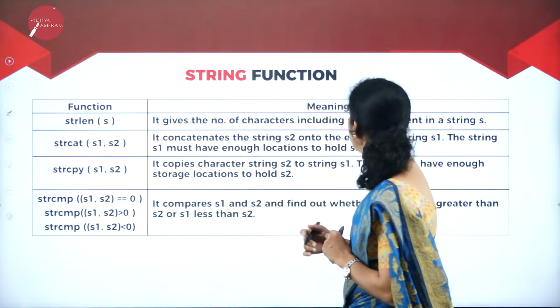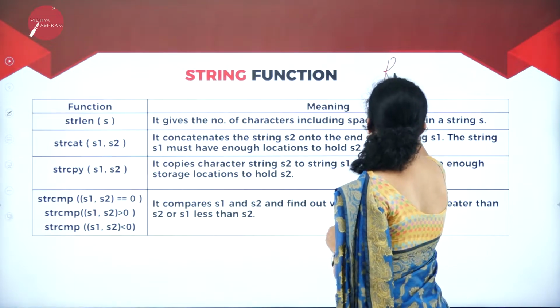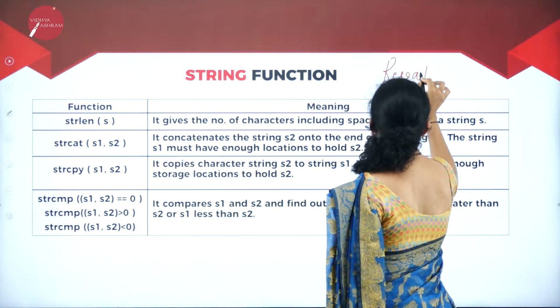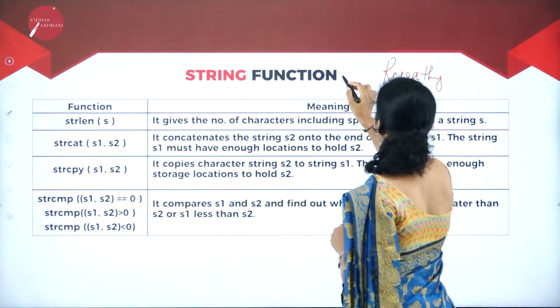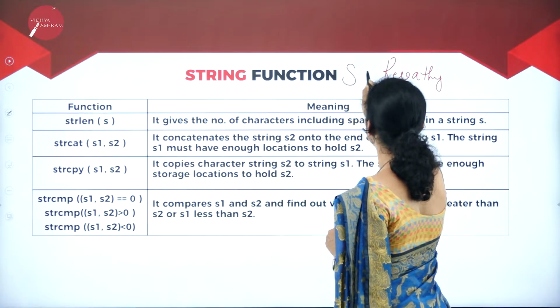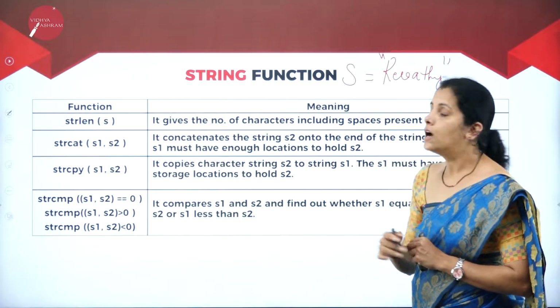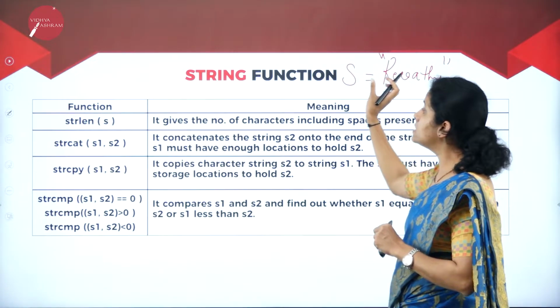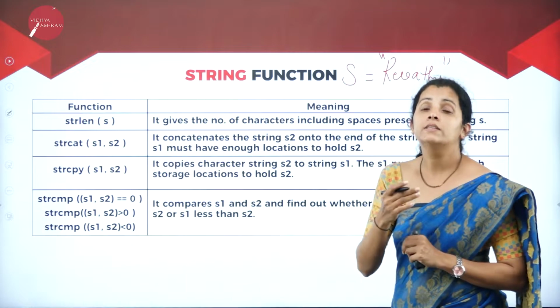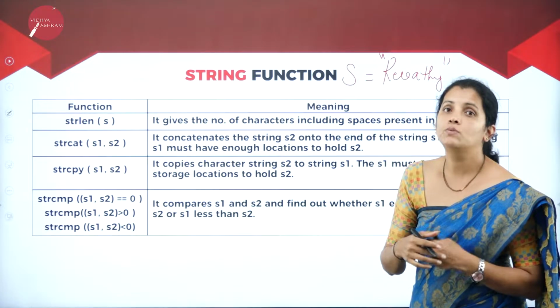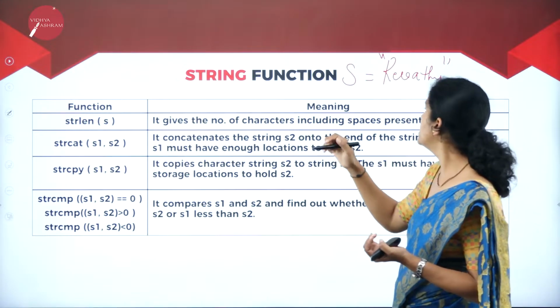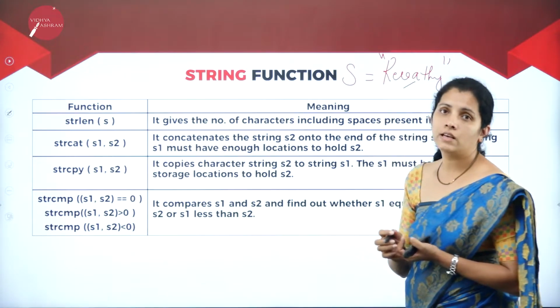Consider the example here. My name is Revati. So I'll write Revati. Here I will take S equal to Revati, and I'm going to pass this S to the string length function. And what is the length of the string here? It is 7.